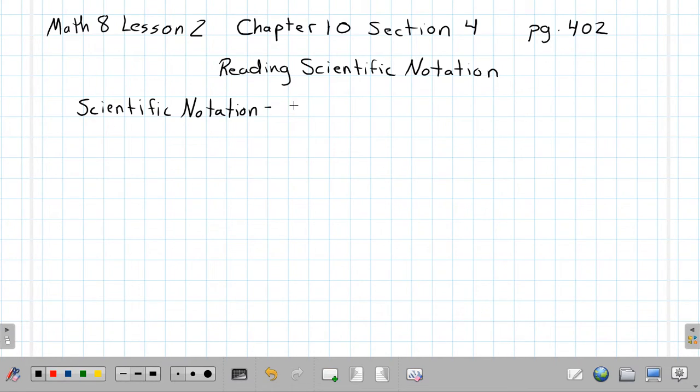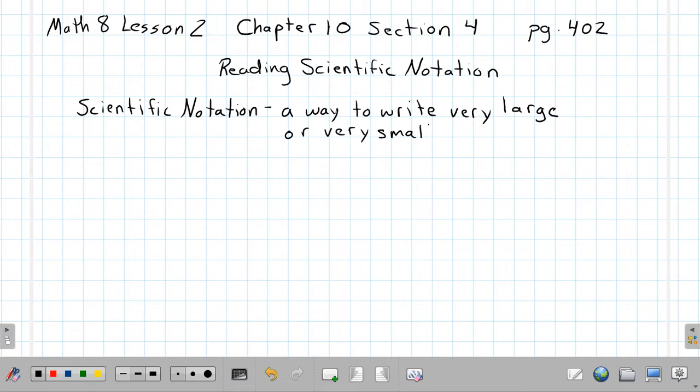But the definition I'm going to give you here, just so you know what's going on, is that scientific notation is just a way to write very large or very small numbers. Okay, and this is where the science comes in.